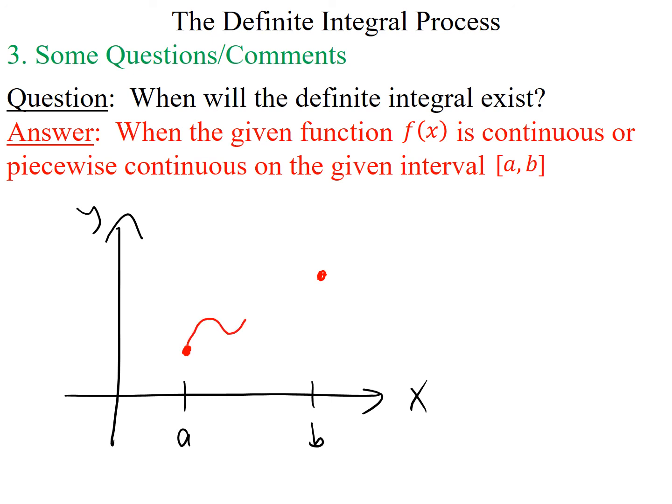So something like this is a continuous function. I was able to draw it the whole time without taking my pen off the paper. So f is continuous on AB. That means over the entire interval, you can draw the whole thing without taking your pen off the paper.